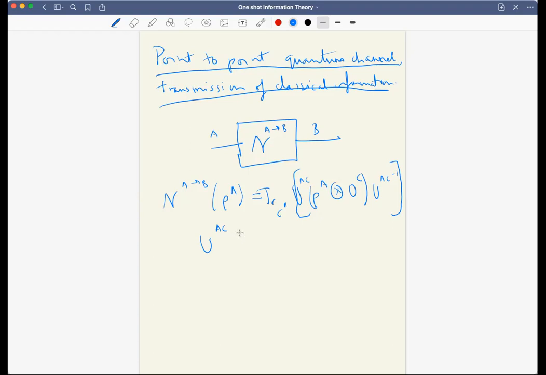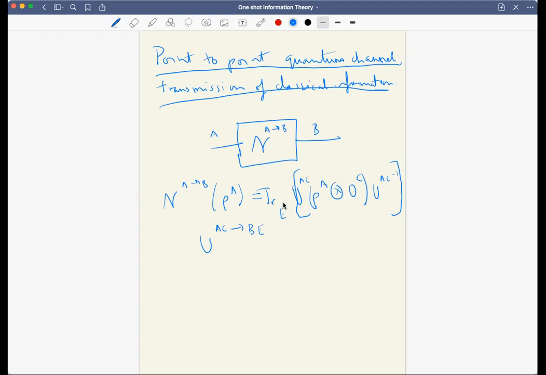The unitary will not change the dimension of the space, so the output is also 25 qubits, but now I'm repartitioning it into 15 plus 10. That is what Shayantan is saying, that the unitary is from AC to BE. Then I should trace out E. This is how the channel is defined.